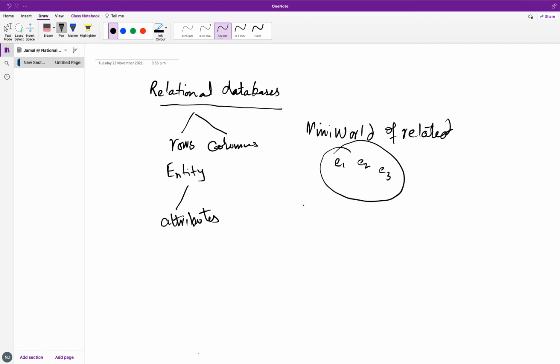But if you are going to a government office to register your car or pay some tax, like NCT or road tax, then definitely they would ask this sort of information, like how many seats there are or the capacity of your engine. So see, the same entity, for example E1, in this database has certain attributes, and the same E1 entity in some other mini world has different attributes.